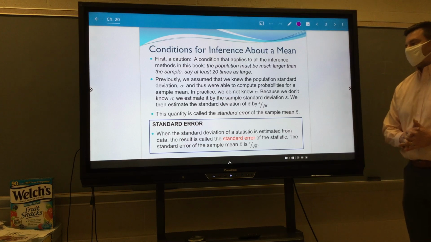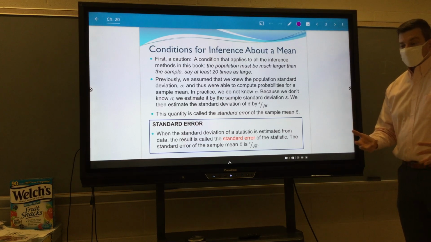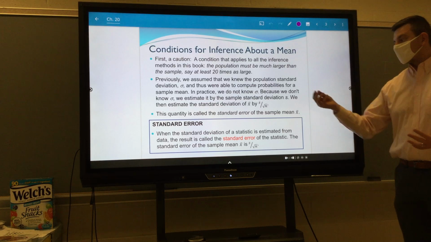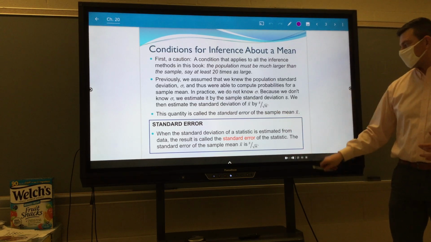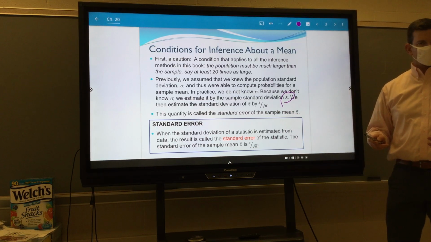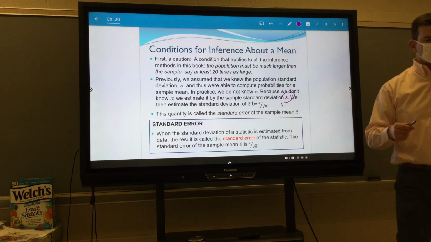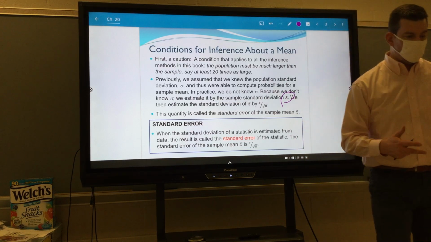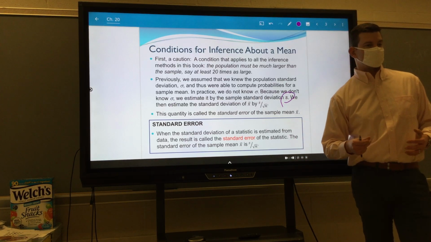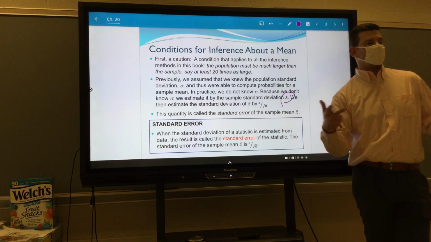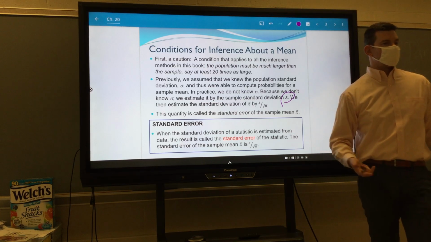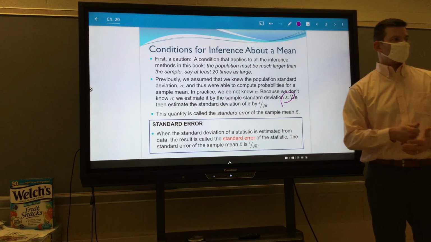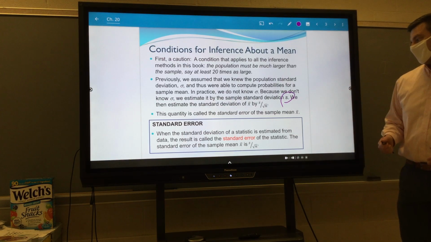So instead, the logical replacement is to substitute in the sample standard deviation s. Okay? What is the standard deviation of our sample? And that should hopefully be a pretty good representation of what's happening in the population. Because that's the whole goal of what we're doing in the first place: use a sample to represent the population.